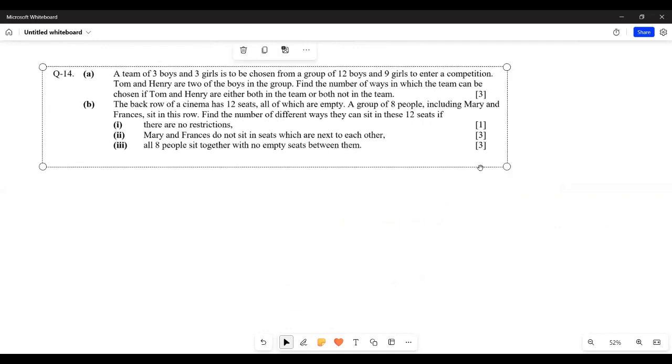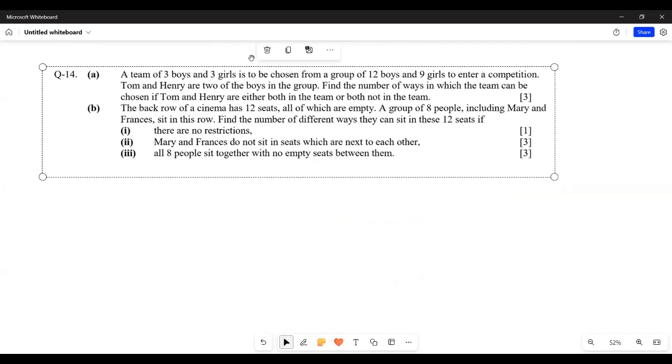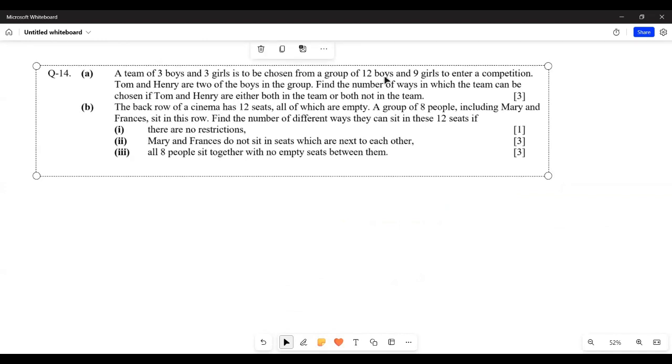A team of 3 boys and 3 girls is to be chosen from a group of 12 boys and 9 girls to enter a competition. Tom and Henry are 2 of the boys in the group. Find the number of ways in which the team can be chosen.